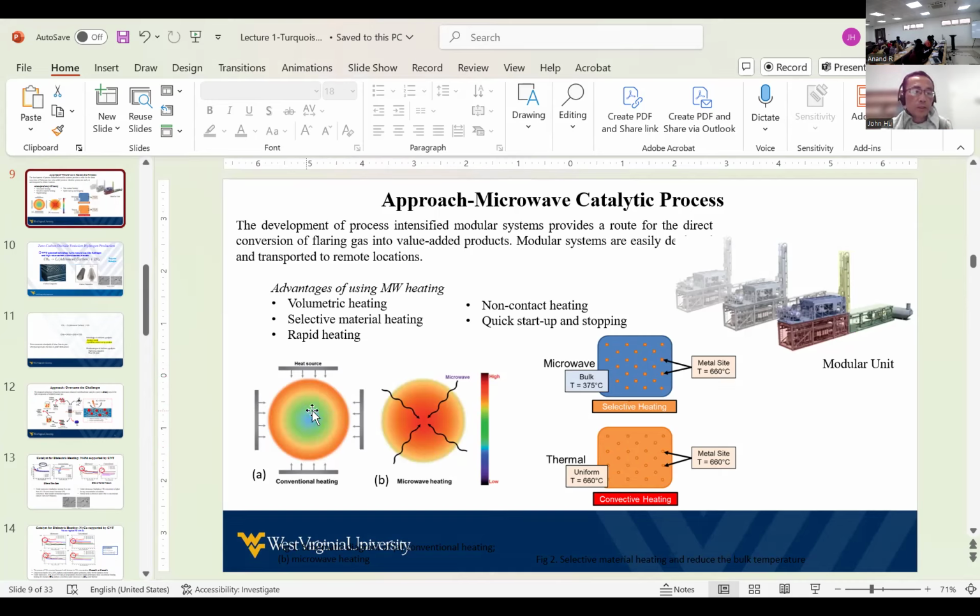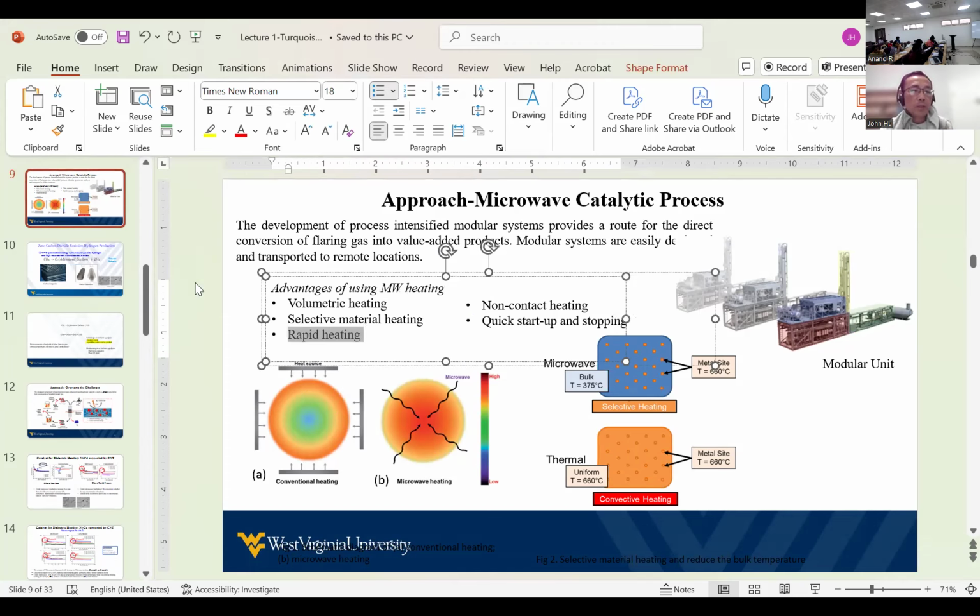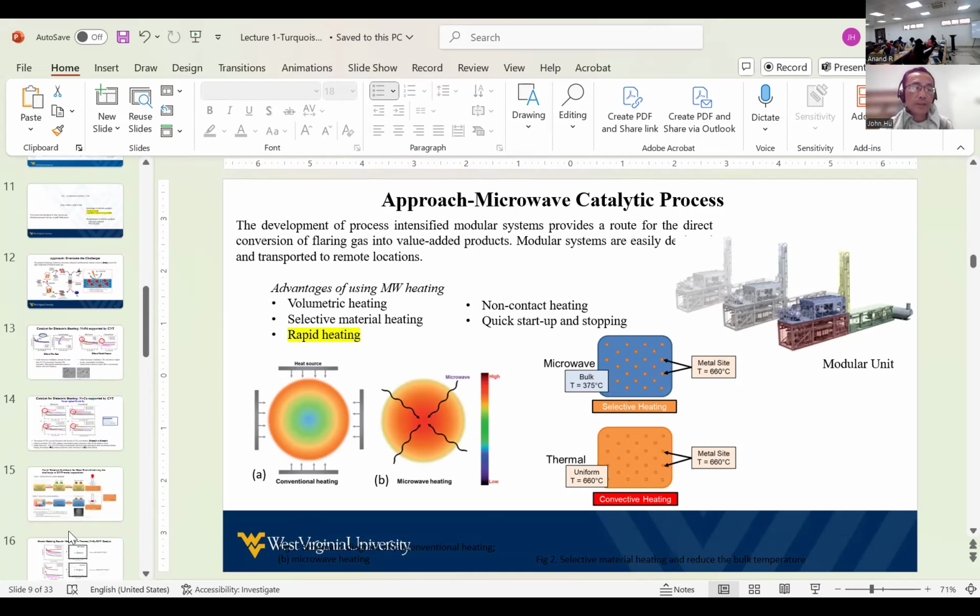So when the internal temperature needs 600 degrees C, external heating may not reach there because the heat transfer is limited. So microwave is rapid heating, and that's one of the advantages. This is the reason that heat transfer is very important in the pyrolysis, because you need to deliver the heat whenever the catalyst needs it. Okay.